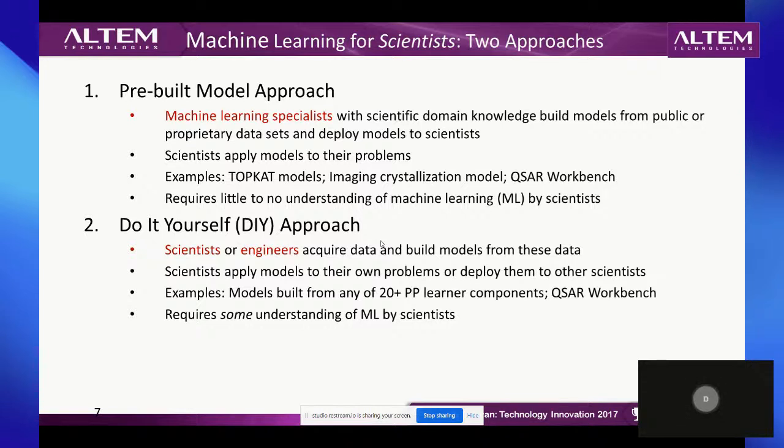For example, more than 20 pipeline component learners are available here that you can utilize to build the model, and of course the QSAR workbench is also available along with the protocol, which you can use in the DIY approach. But this approach requires some understanding of machine learning by a scientist. So these are the two approaches of machine learning for scientists, which can be applied in your drug discovery and development, and also to understand the properties of your drug molecules.